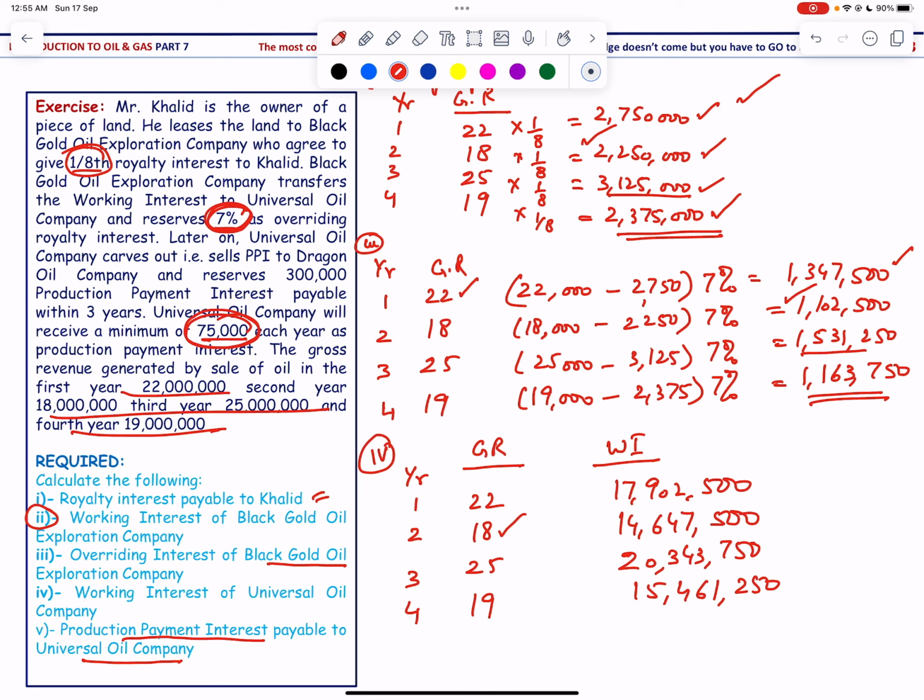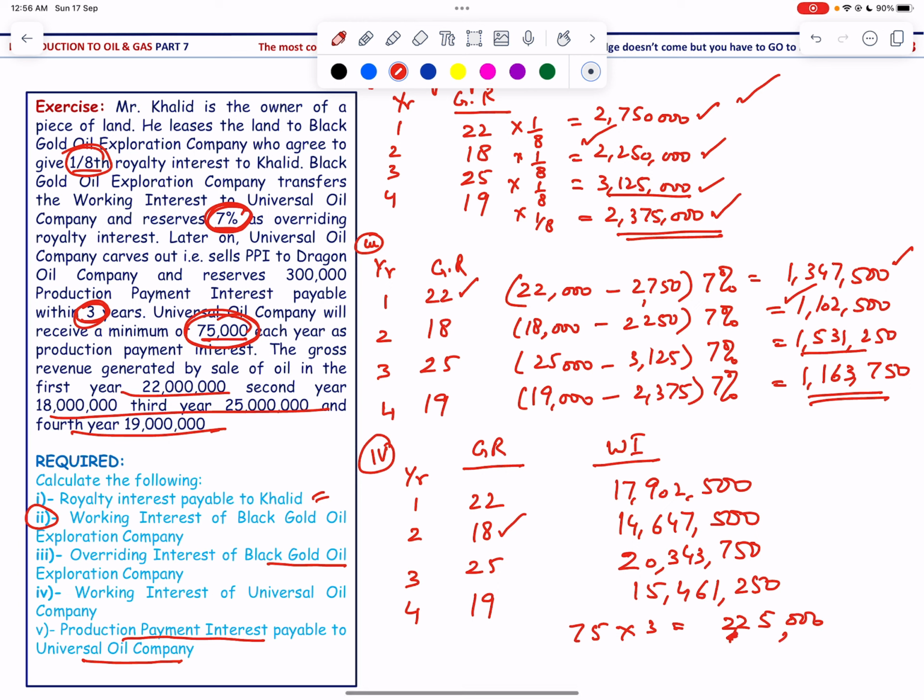It is going to be for a period of 3 years, not 4 years. Production payment interest payable within 3 years. So the Universal Oil Company will receive a minimum of 75 each year. So 75 times 3 will be 225,000.